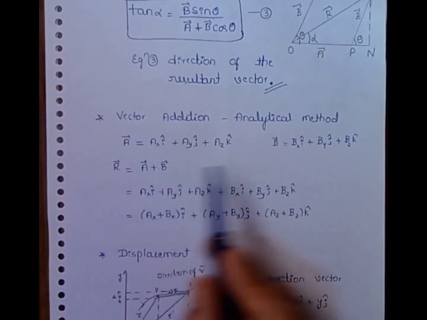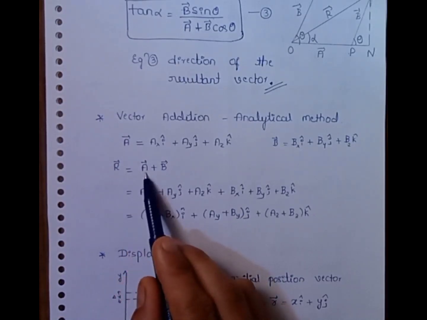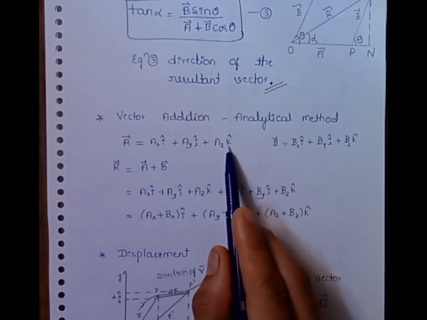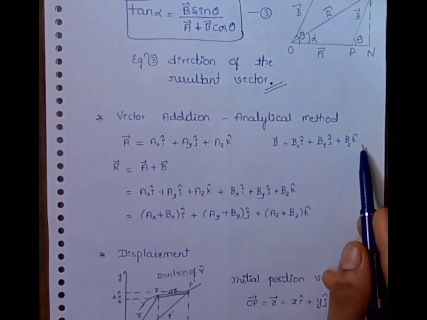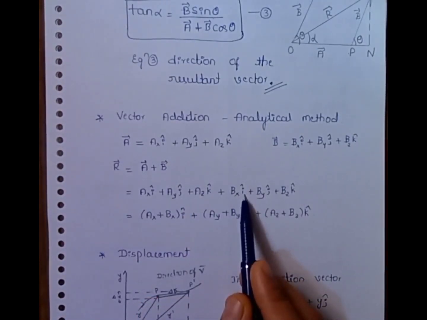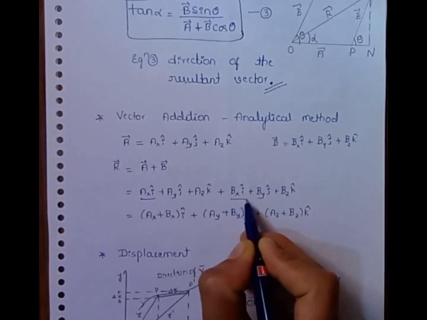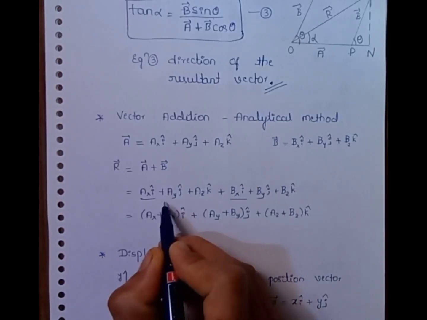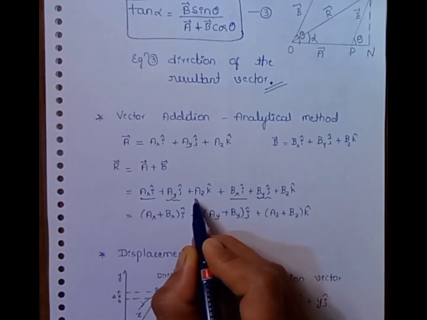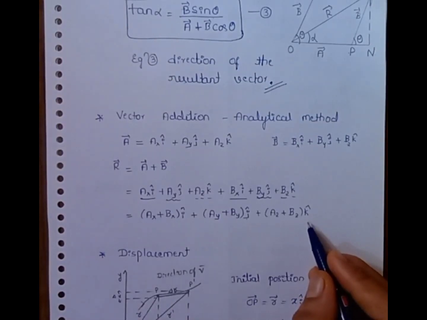Vector addition means addition of both the vectors, which gives by analytical method the resultant R is equal to vector A plus vector B. In place of A, write the value of A. In place of B, substitute the value of B. After substituting, i cap is common, so the remaining terms are AX plus BX i cap, plus AY plus BY j cap, plus AZ plus BZ k cap. This is vector addition by analytical method.